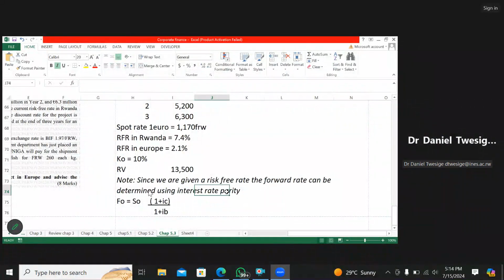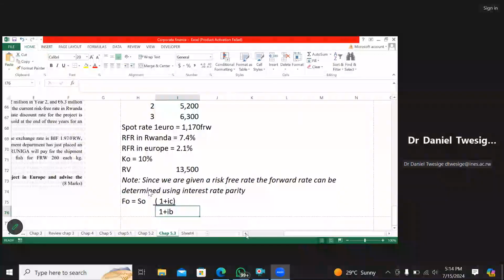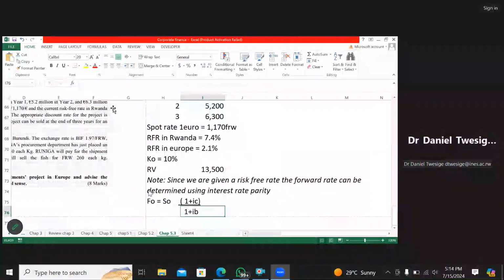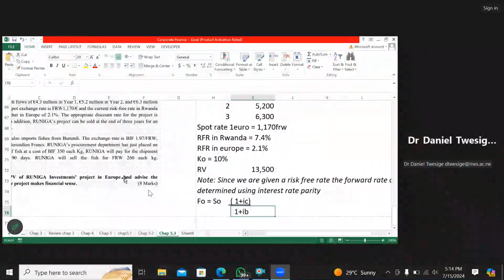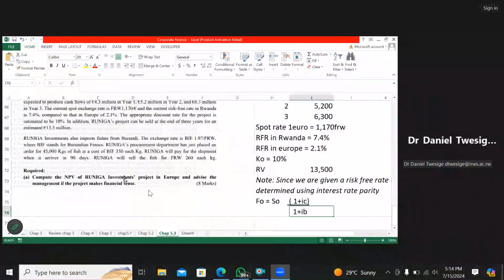Which one of these is the base currency? What will be the base currency in this case? If you look at our quotation, it is as if euro is the base. Isn't it?